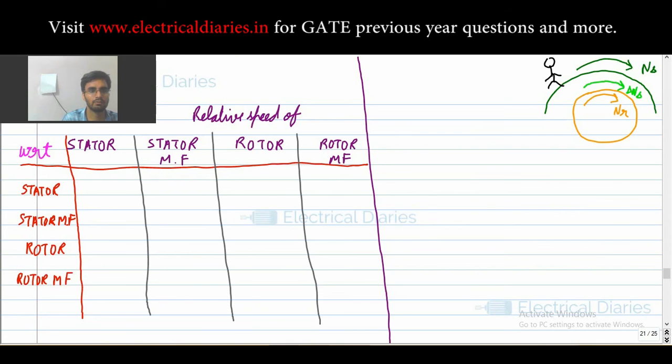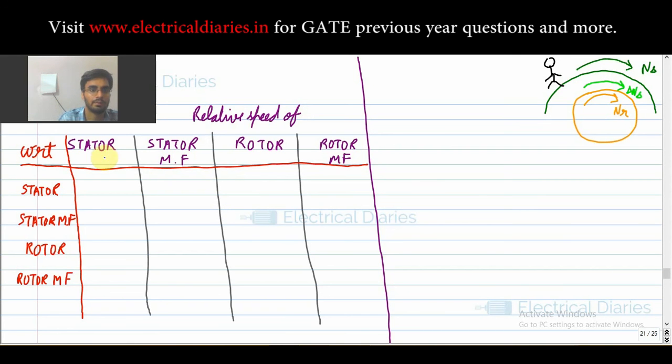To avoid any confusion, I will write it in this fashion: relative speed of stator with respect to stator, relative speed of stator magnetic field with respect to stator magnetic field, rotor. I hope you are getting how I am trying to analyze everything. In this table we will analyze everything, but the base is that you have to be aware of this concept, then only you can handle anything. Many questions are framed on these things, so you can easily solve them. Now let us start.